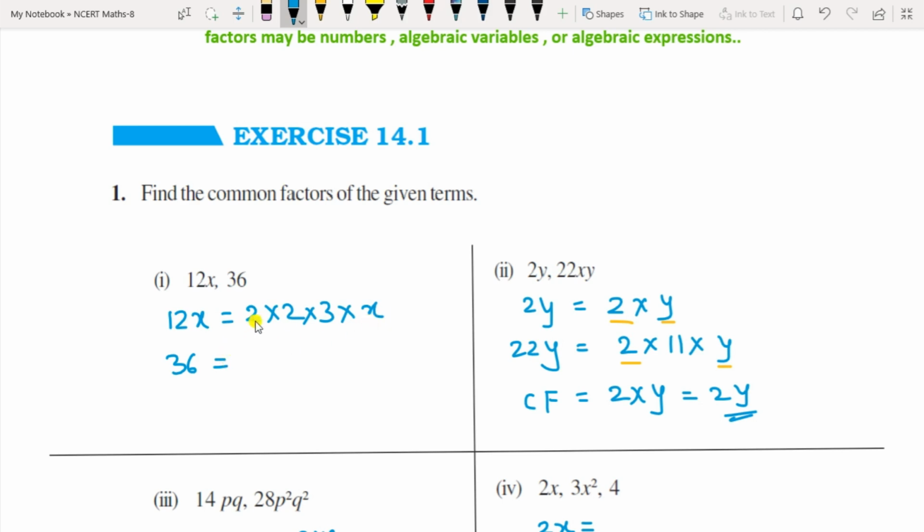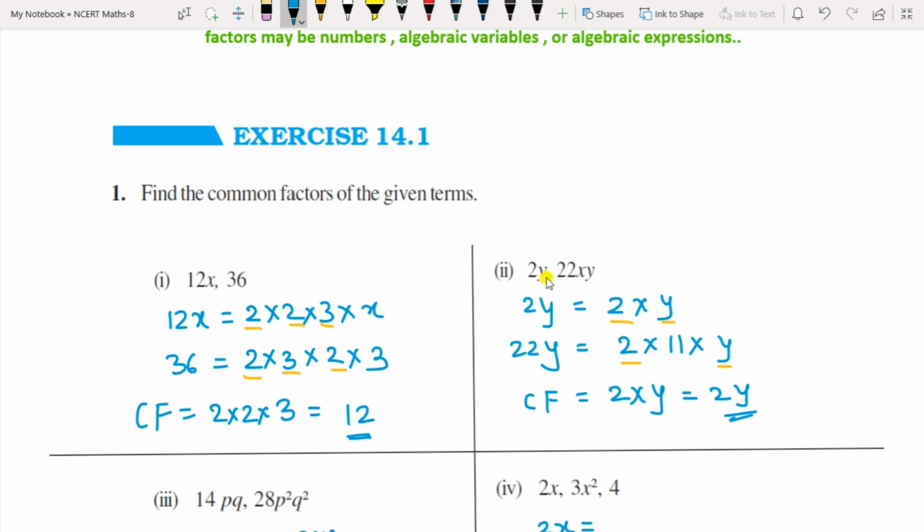And 36 is 6 sixes, but you have to write in prime numbers: 2 into 3 and again 2 into 3. So the common factors are 2, one more 2, and 3. Multiply them together: 2 into 2 into 3 gives 12. So 12 is the common factor of these two algebraic expressions, 12x and 36.